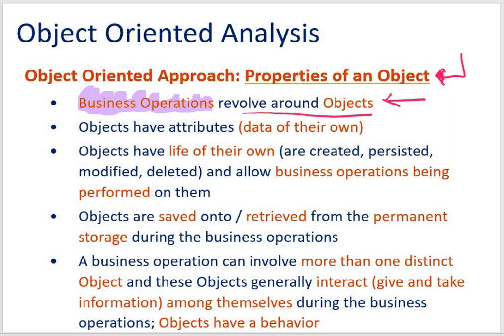And your objects have attributes. That means the data of their own. Your objects have a life of their own. That means they are created, persisted, modified and deleted, and allow business operations to be performed on them.